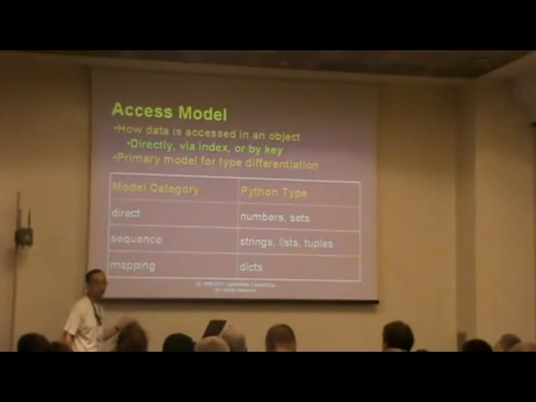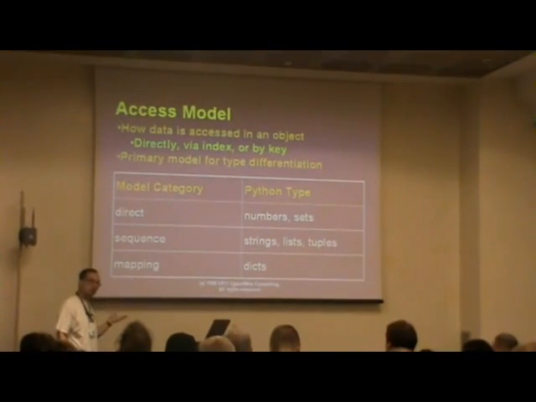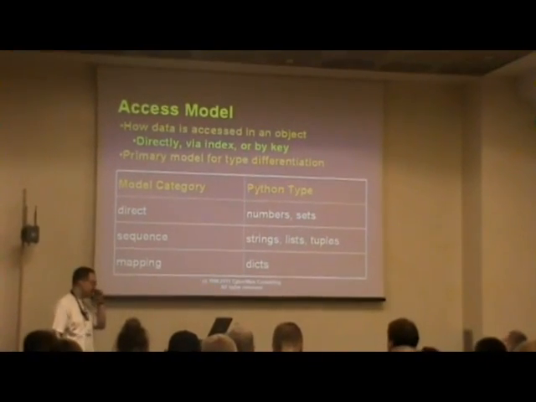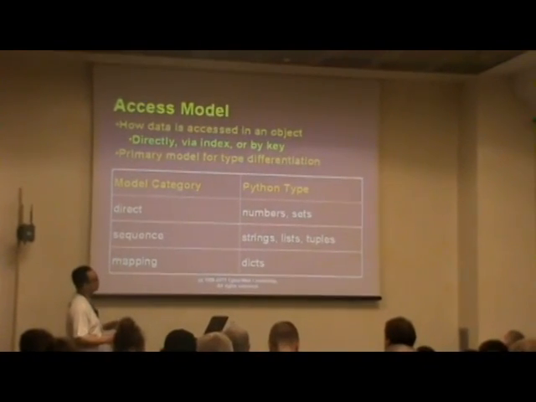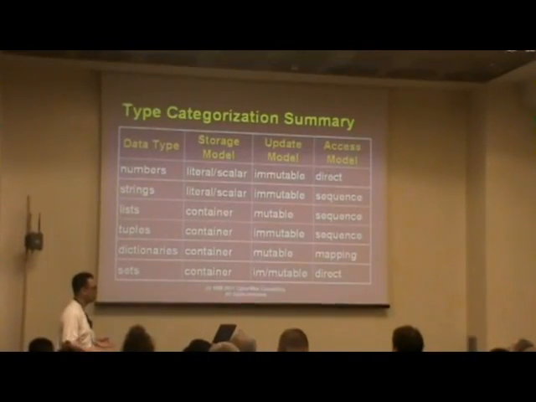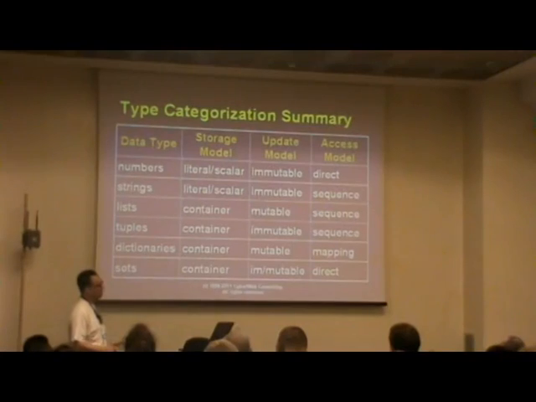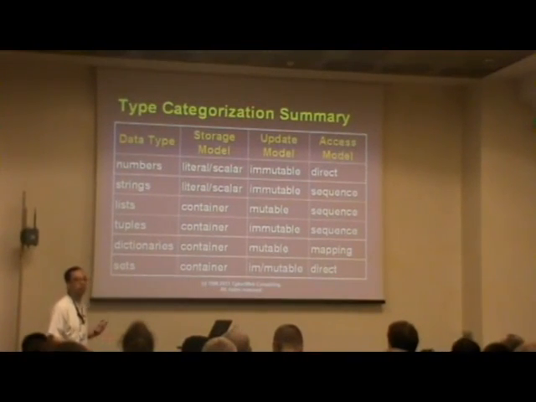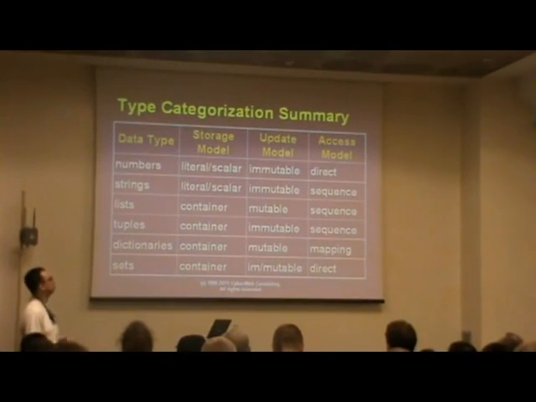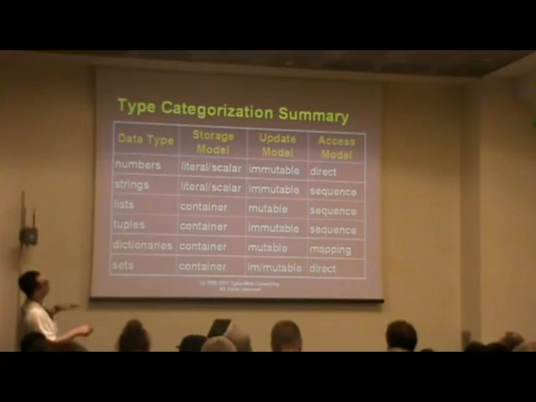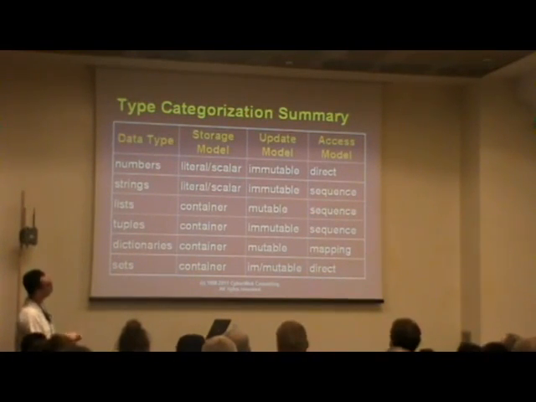Now, we looked at all 3 of these models, and they were a little similar in some ways, different in other ways. But the interesting thing to do is to actually look at them all combined together. By doing that, you can see the interrelationship that each of the Python standard types have with each other. You can see that lists and tuples are very similar to each other. They're both containers, they're both sequences, but one's mutable, the other's not.